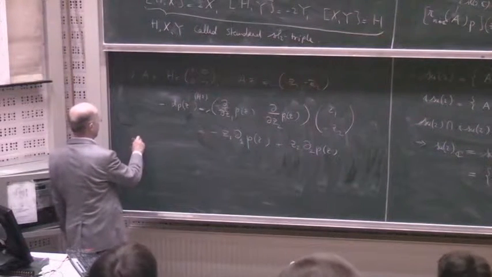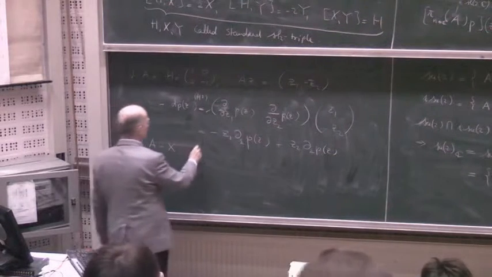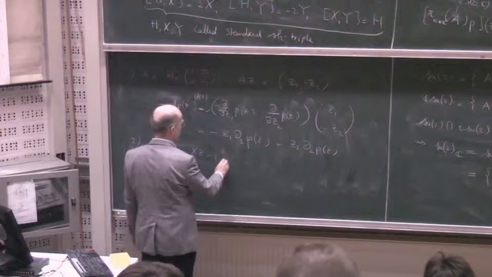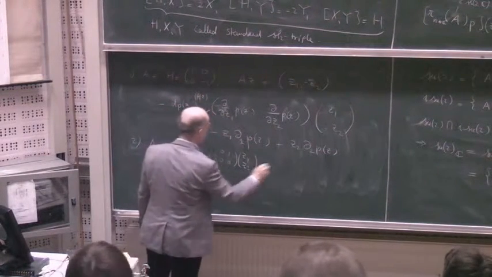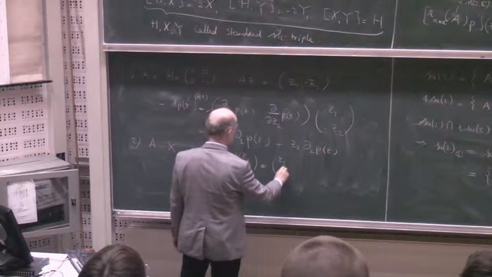And now let us look at the situation that we take A is X. So what is Xz? I'm very bad at matrix multiplication, so let's write it out in full. This is (z2, 0).